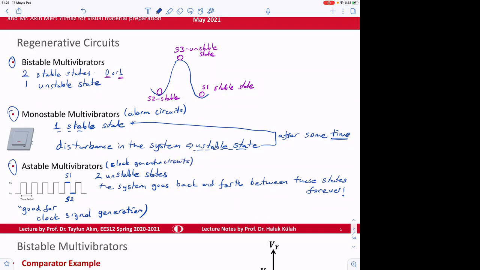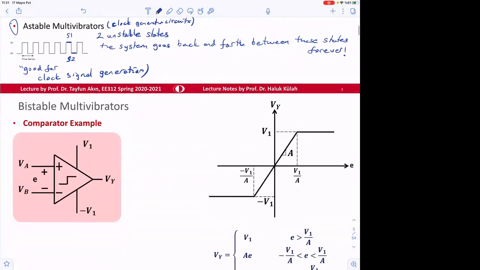And this also has maybe other usages, but it's maybe for memory. So we can store the signal as 1 or 0 because it will be staying at 1 or 0 until we want to change it somehow.